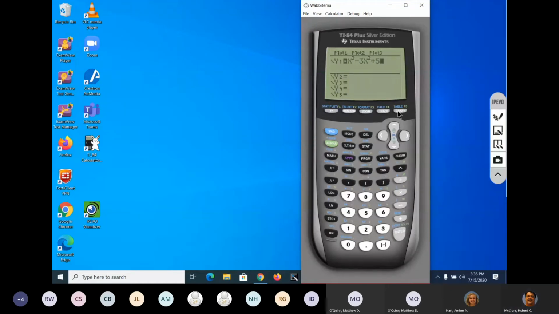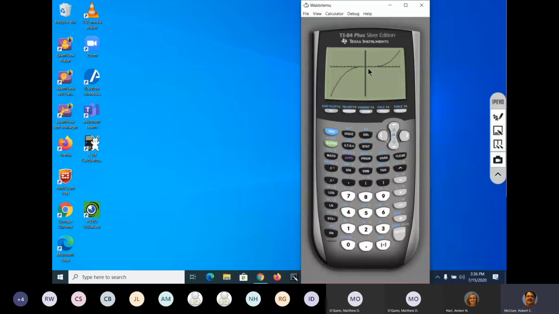Graph. And I'm going to zoom fit. I don't know if that'll work or not. Zoom 0. That's good enough. But you've got decreasing. That looks like it's not decreasing.